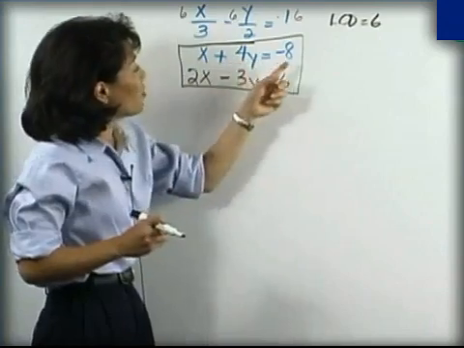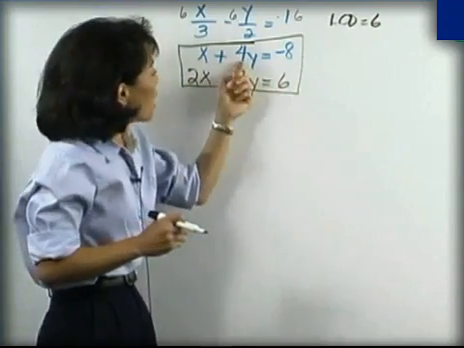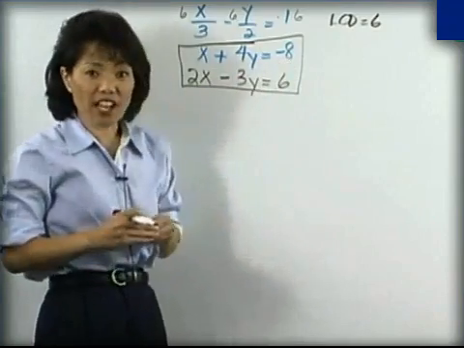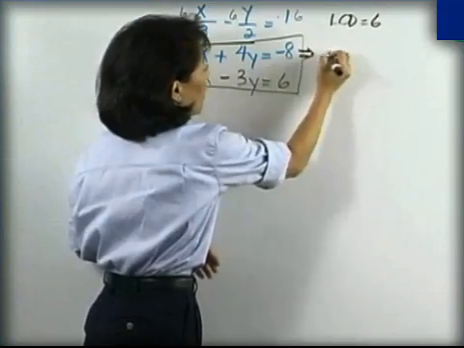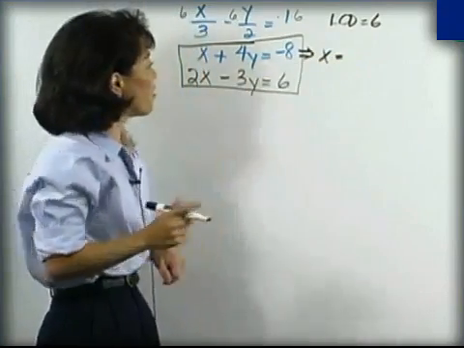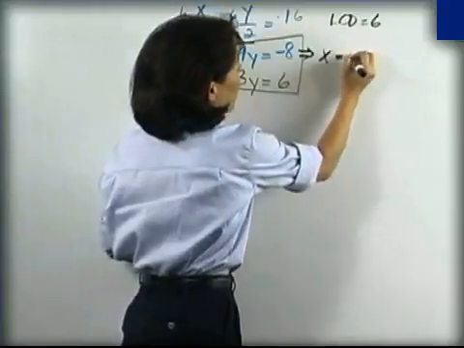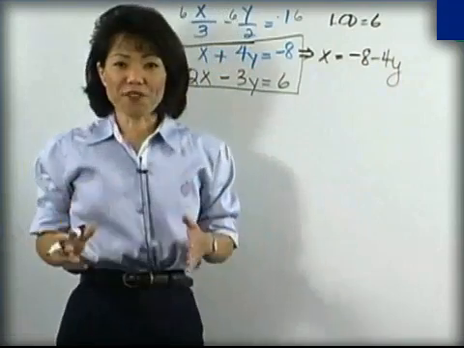All I have to do is subtract 4y from each side. So I'm going to get x equals negative 8 minus 4y. So there we have it.